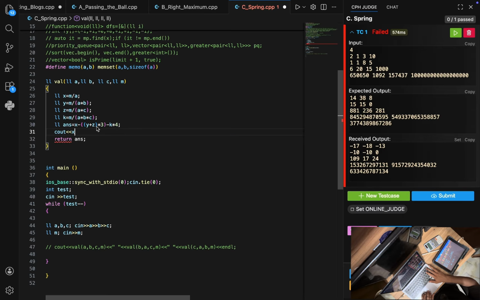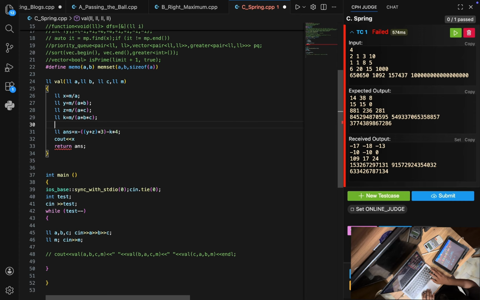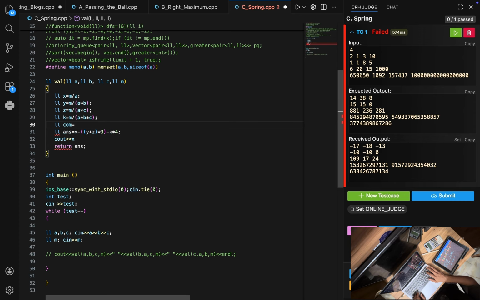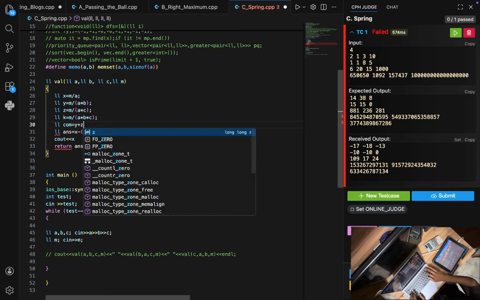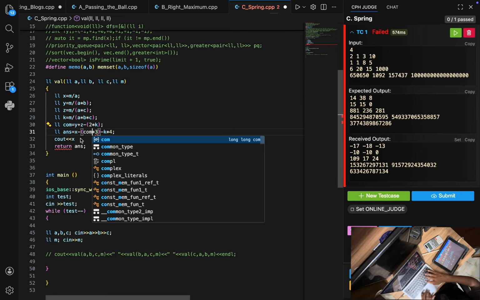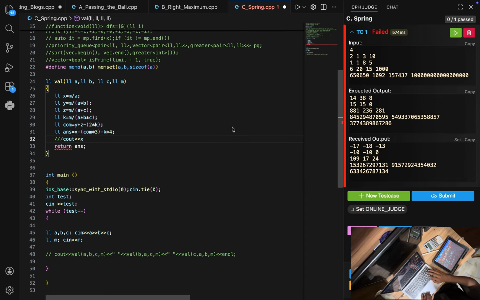Oh, I got the point why that's happening. Common is y plus z minus 2 into k. 3 into common, I guess. Let's see.